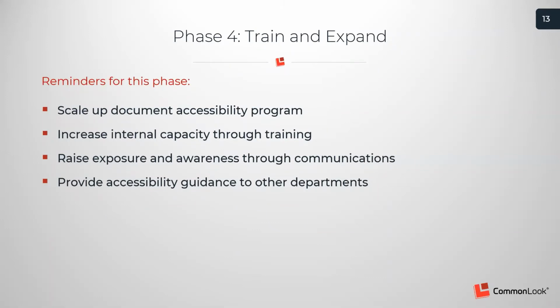Training of your staff is going to be key, and when you have a large staff, training to scale can be an issue. So what CommonLook has done is we offer training classes. We offer training classes on site. We can train people in large groups with some restrictions, but to a certain group size. We can also train the trainer.